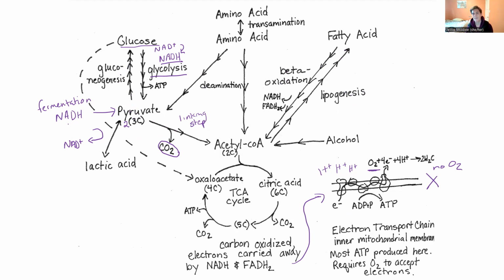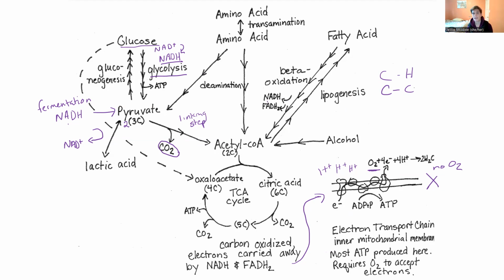So fatty acids, because they have so many nonpolar bonds, lots and lots of these C-C and C-H bonds, can actually produce more energy, because there are more nonpolar bonds to oxidize the carbon from.